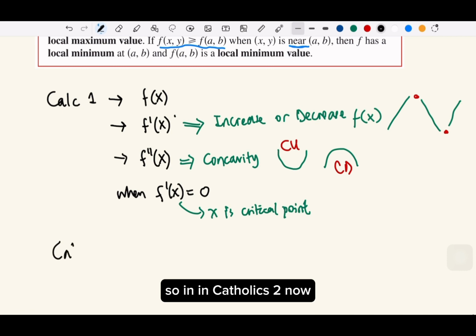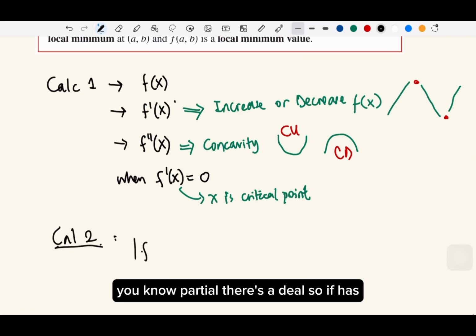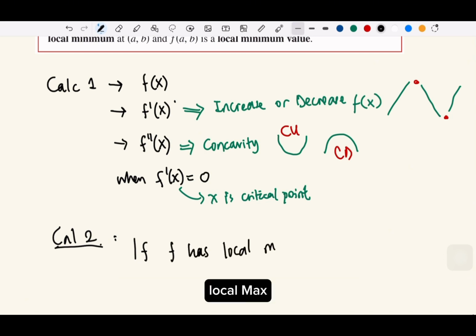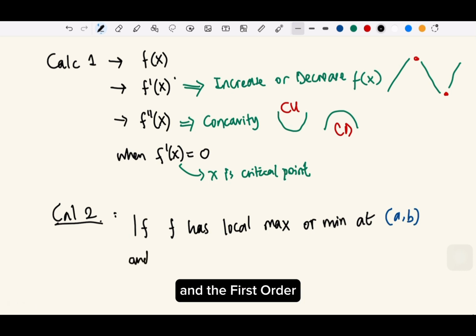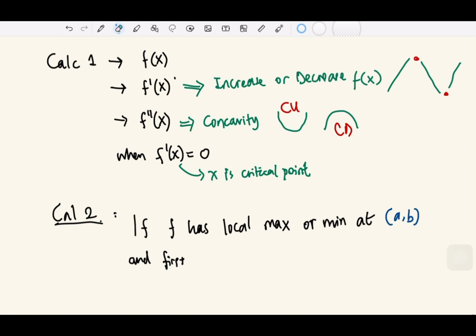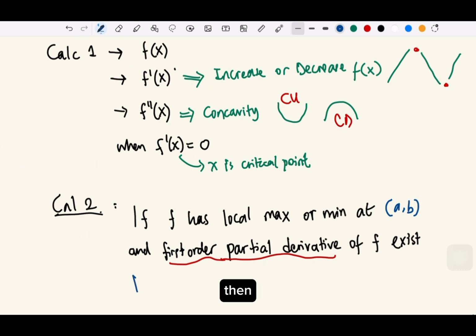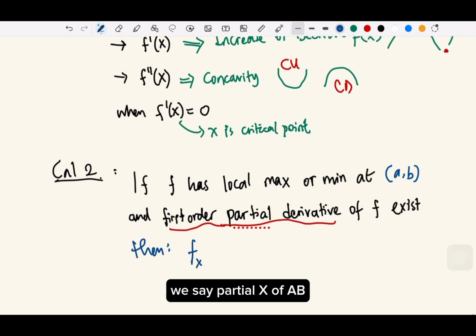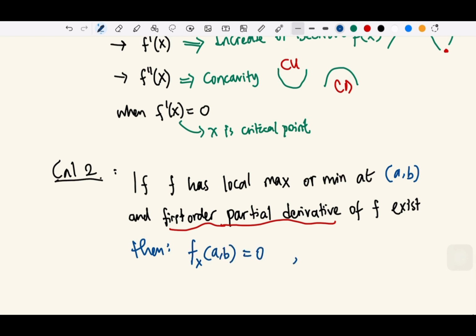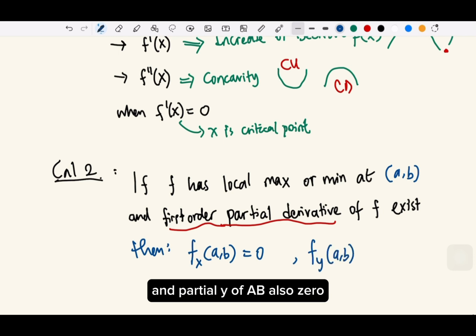So in calculus 2 now, in our partial derivatives, if f has a local max or min at a certain point (a, b), and the first order partial derivatives of f exist, then we say partial x at (a, b) will be equal to 0 and partial y at (a, b) is also 0.